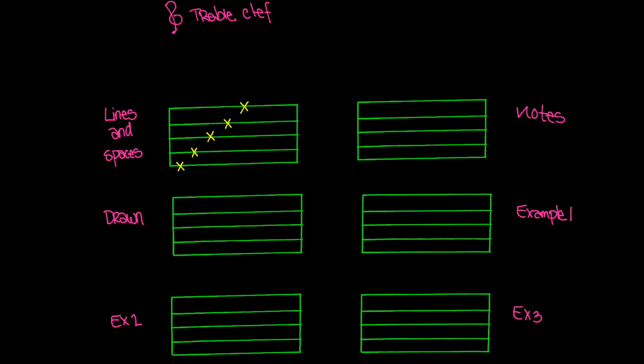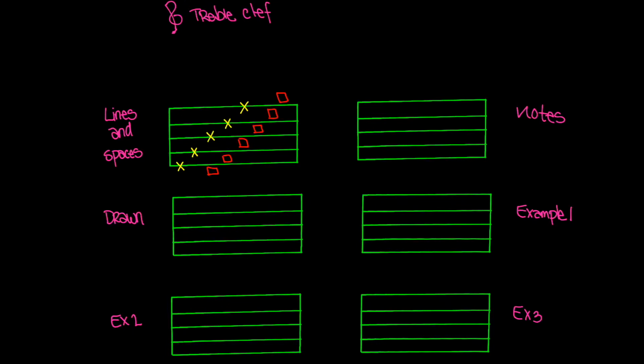And the spaces are going to be here, here, here, here, here, and here. So lines and spaces. What you can see is that it alternates: space, line, space, line, space, line, space, line, space, line, space. Can you guess what's going to be next? It would be a line. So it's just spaces and lines back and forth.